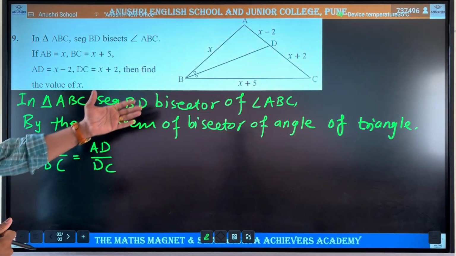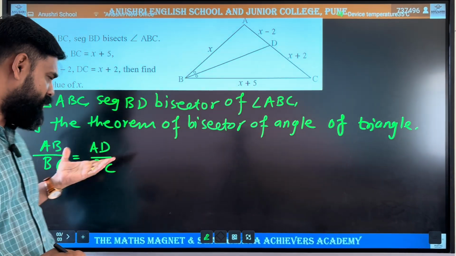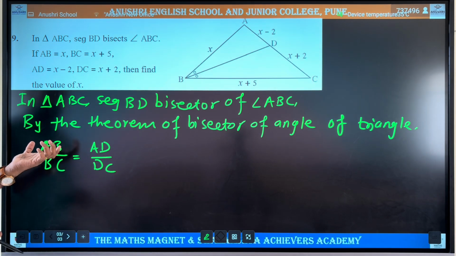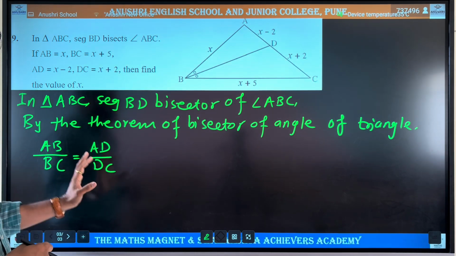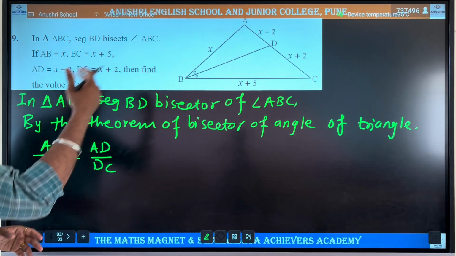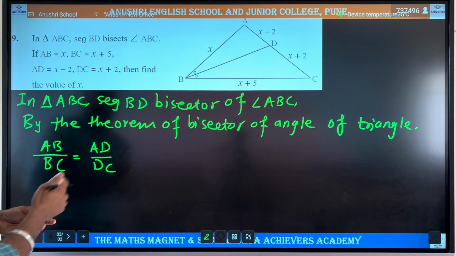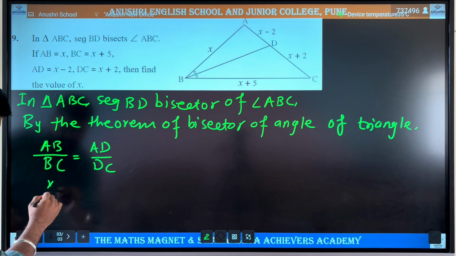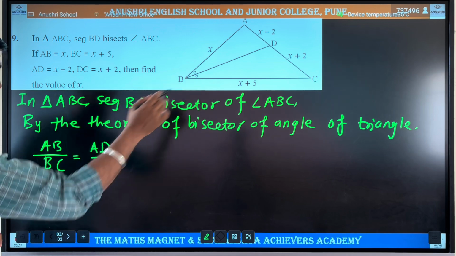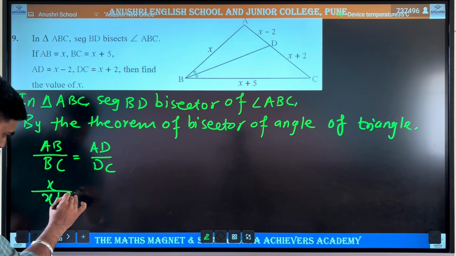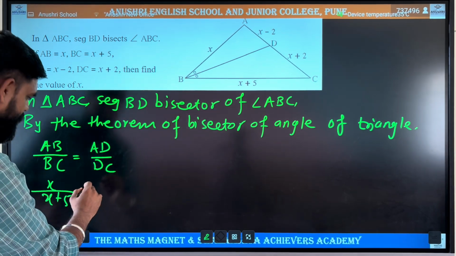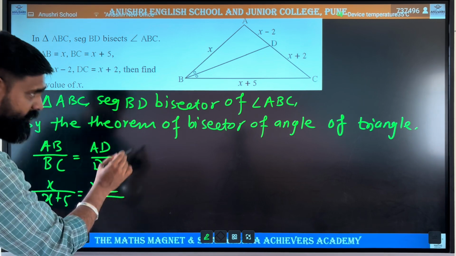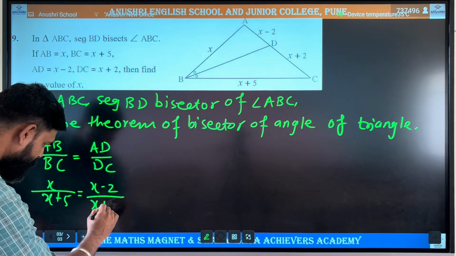Now we just have to put the given values into this formula, or the ratio, and we can easily get the value of x. The value of AB is x, the value of BC is x plus 5, equal to the value of AD, x minus 2, over DC, x plus 2.